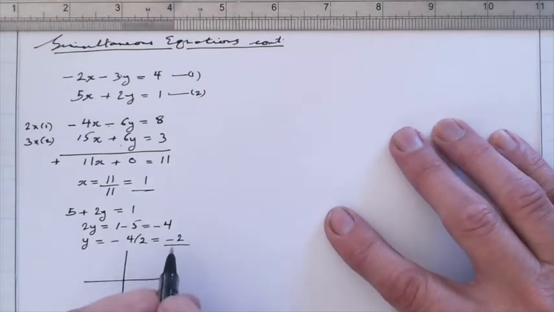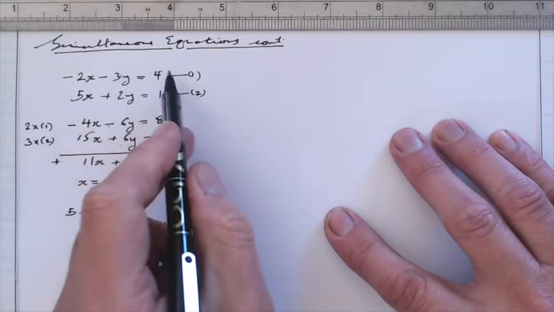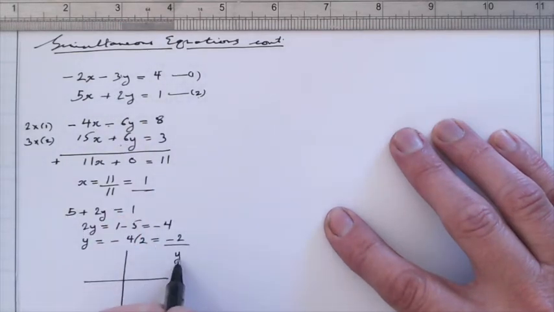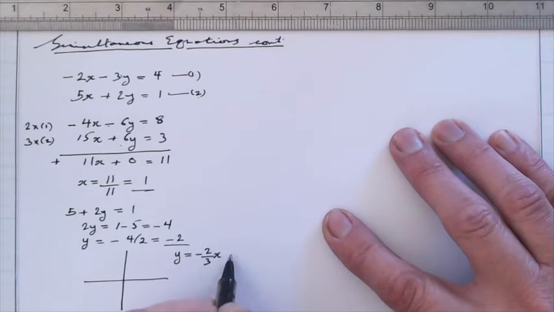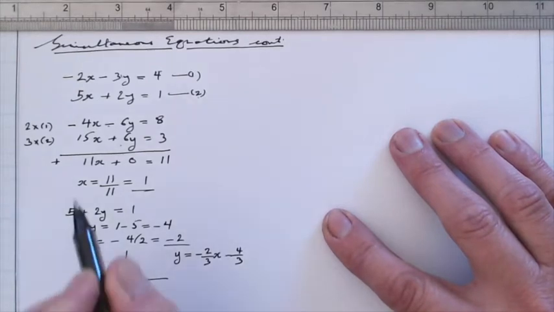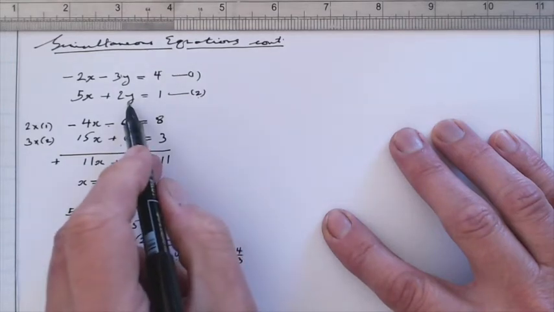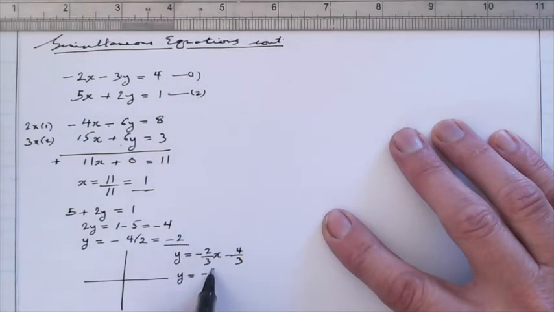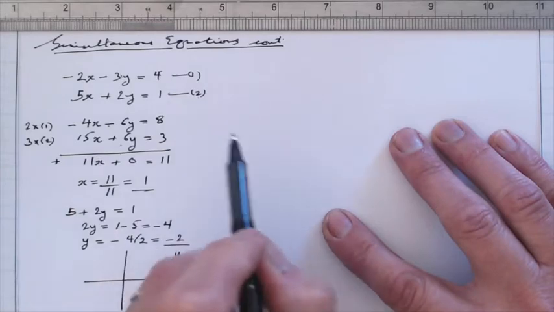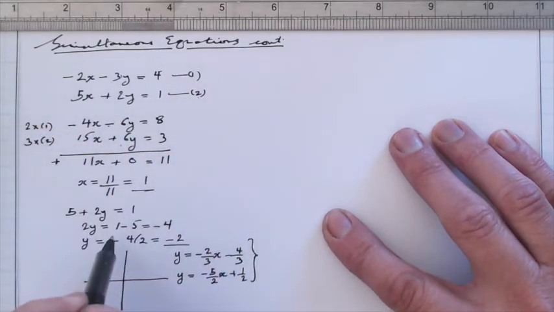So equation 1 looks like, I hope I can do this right, I'm going to take the 3y over, divide by 3, I will have negative 2/3 x, take away 4/3, and the second equation will look like y equals negative 5/2 x plus a half.